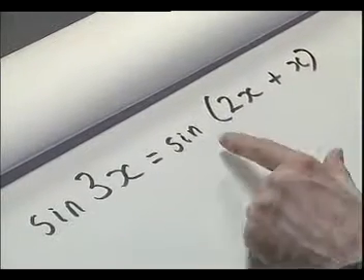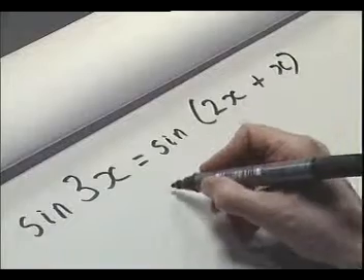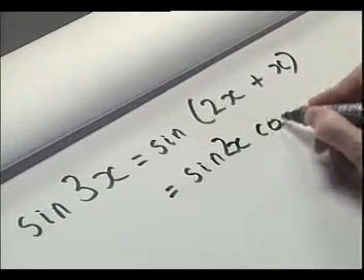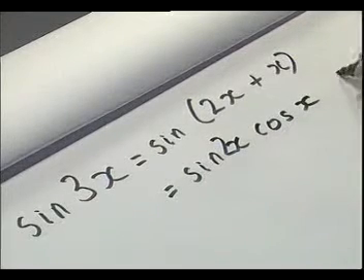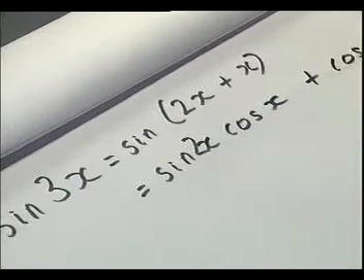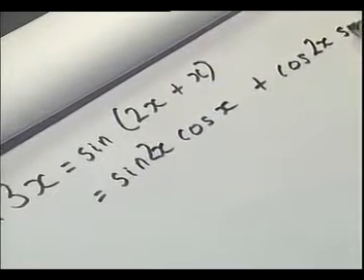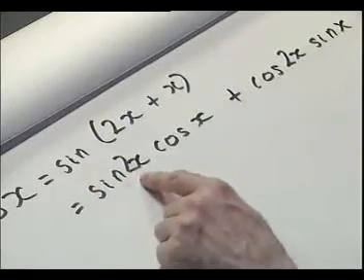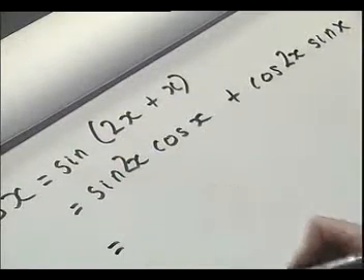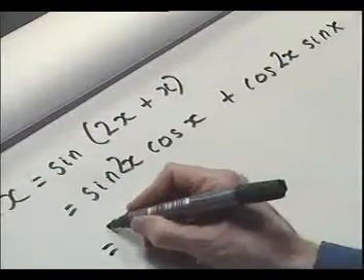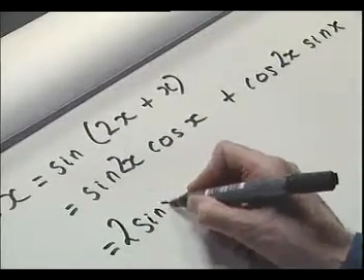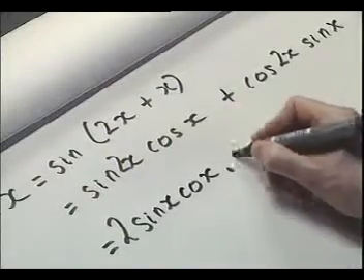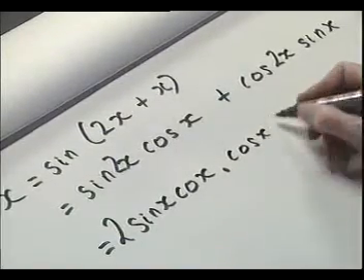Okay, this means we can use our addition formula. Sine of 2x cos x plus cos of 2x sine x. Now I can use my double angle formula here. Sine of 2x is 2 sine x cos x, still to be multiplied by cos x, plus.